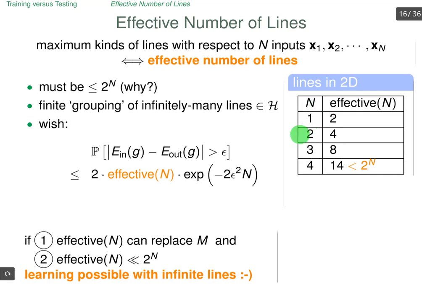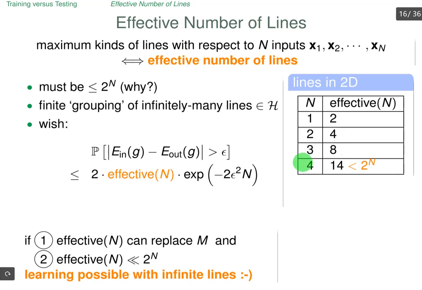When we have 2 points in 2D, there are 4 different kinds of hypotheses we can get. With 3 examples, when we didn't have collinear examples, we have seen 8 different hypotheses by kind.